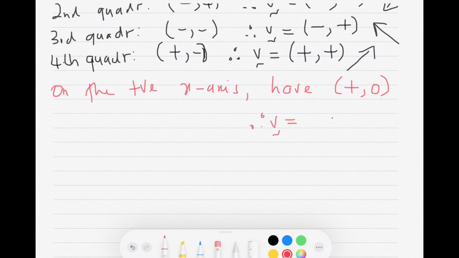Well, the vector field V is still x minus y. So x minus y will have the signature positive, minus y will be minus 0, so it's 0. Now, what are these vector fields? These are vector fields that have direction positive and y coordinate 0. So when we go to the positive x-axis, the vector fields will have that as a direction.